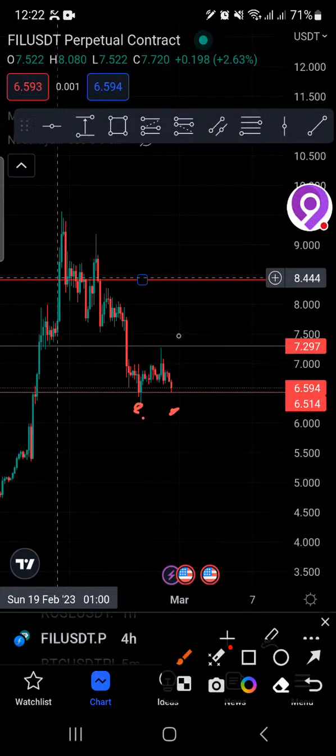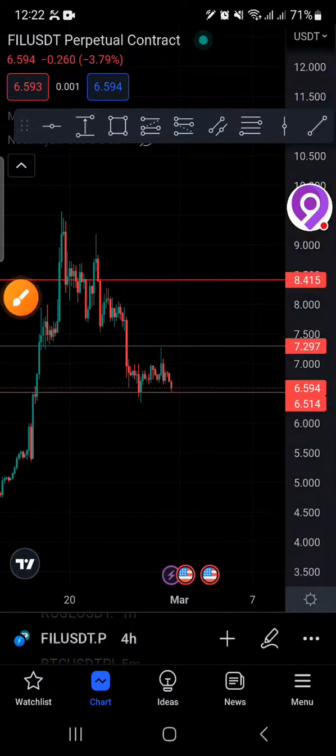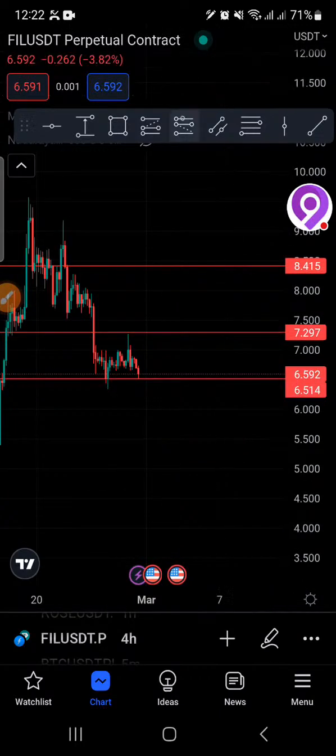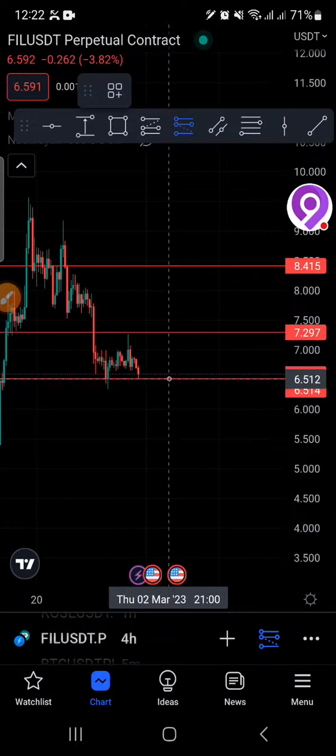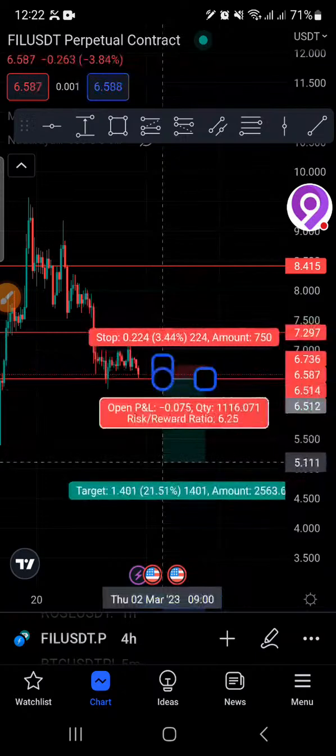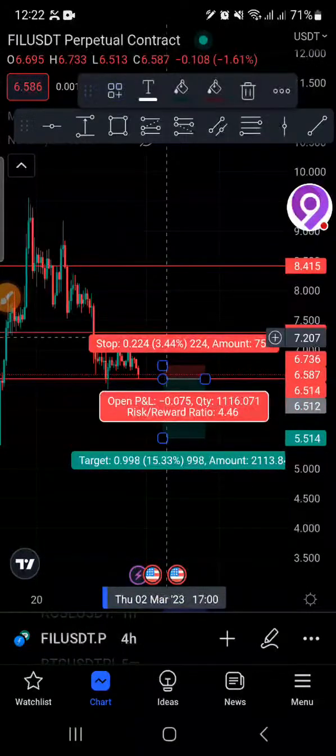I'll be very careful. Or apart from that, wait for this guy to go up, pull back up. Yeah, but it will probably take time. So for FIL, we're also looking at the downtrend, but it hasn't broken out. So you have to wait.